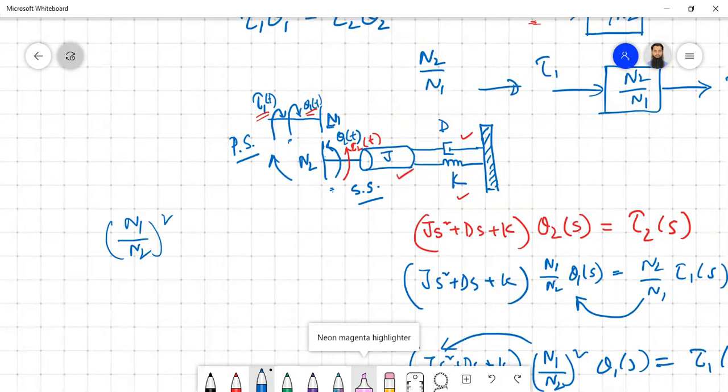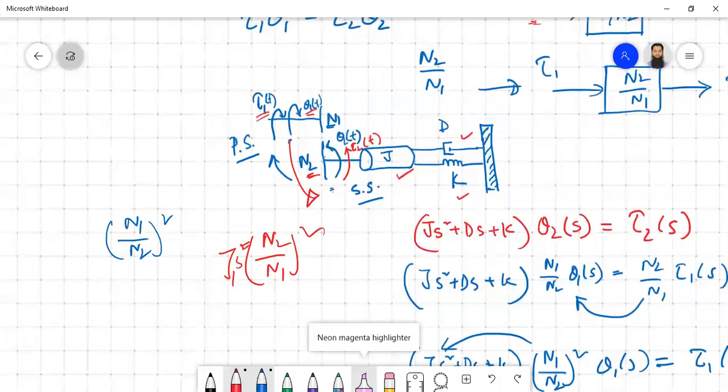But if you go the other way around, from the primary to the secondary side, the destination is now N2, so N2 by N1 square. So with whatever the corresponding J, D or K is given, it will be related in that way.